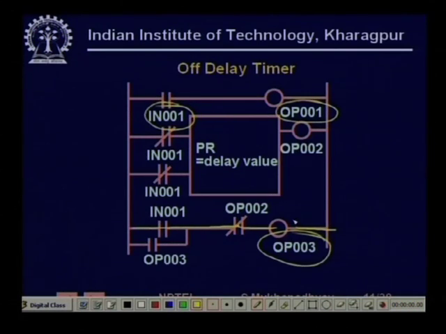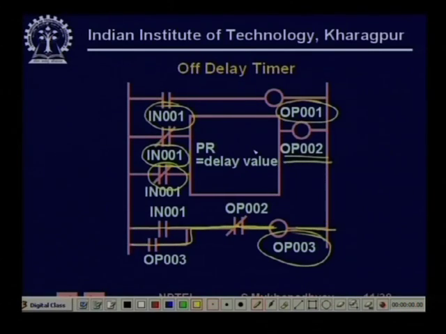Now, when OP003 goes on, we can use this one. So, it latches. Now, imagine that IN001 goes off. When this OP001 goes off, now these are NC contacts. All the time when this was on, this OP002 was held at 0.